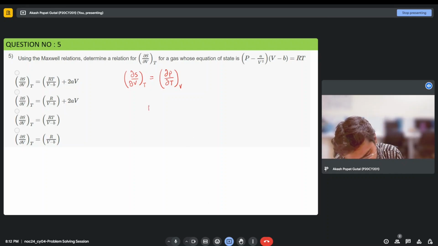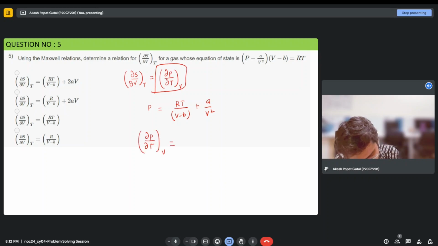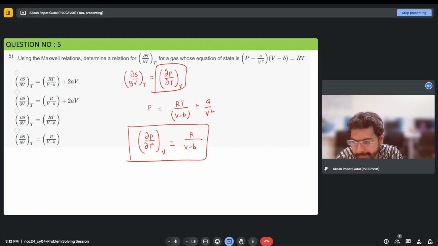If you rearrange the equation, P is equal to RT by V minus B plus A by V square. Let's differentiate left and right hand sides with temperature T at constant volume. So del P by del T at constant volume: the A by V square term is constant and will be 0. Differentiating with T, this will be R by V minus B. That should be your answer, and it is option number D.